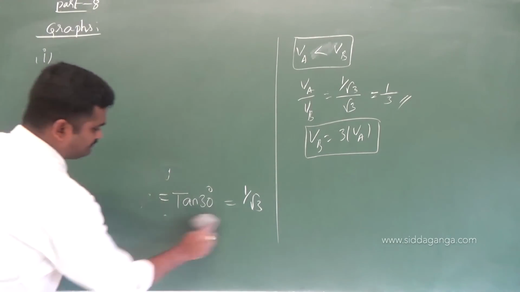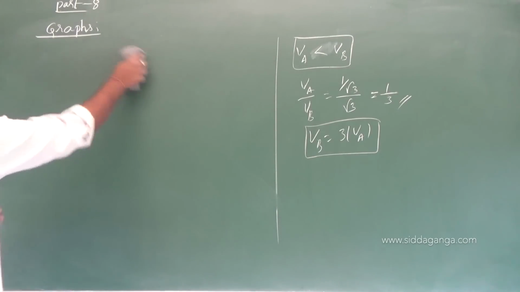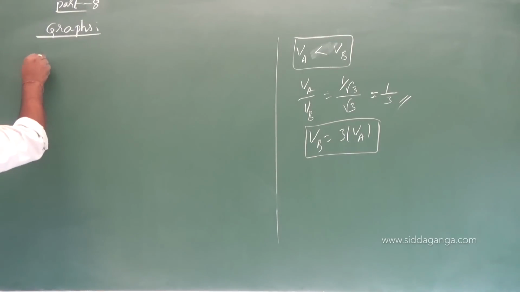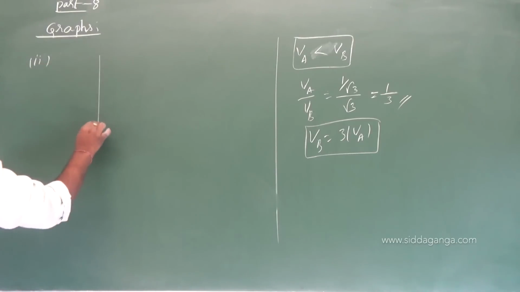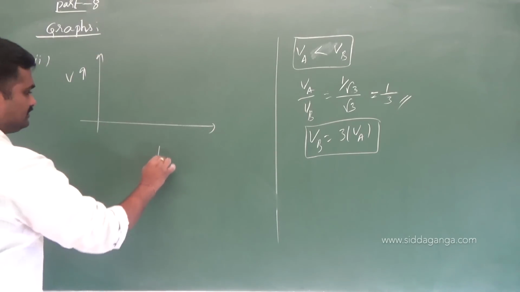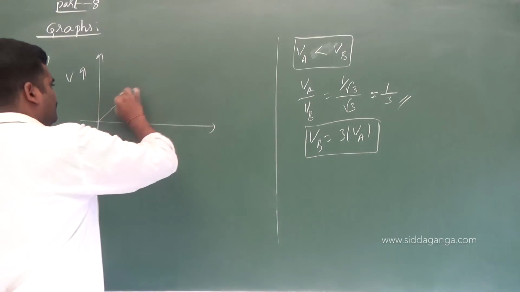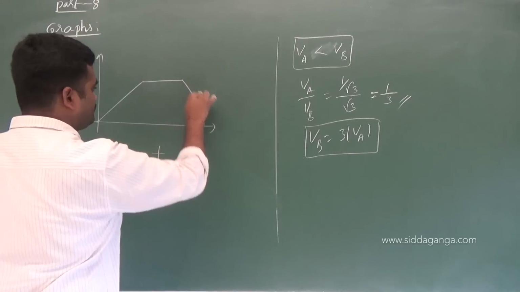Next, one more graph I am going to plot. This time I will take a velocity time graph, velocity and time. See carefully. Like this, the body has been moved.